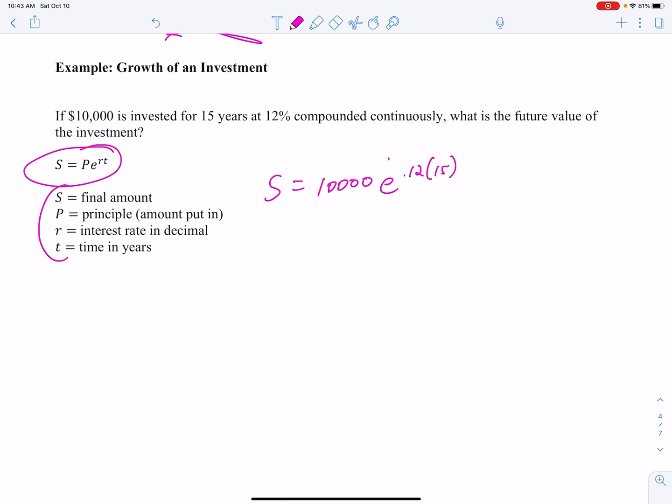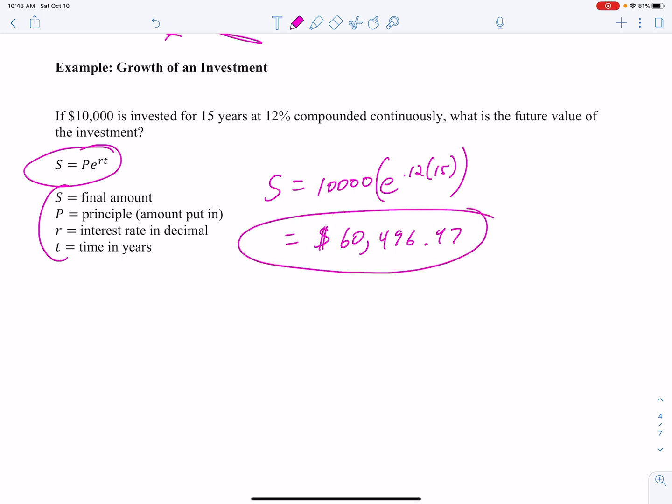So if you punch this into your calculator, now of course make sure you do PEMDAS, so I would do the 0.12 times 15, then take e to that power, then multiply by 10,000, and if I did my calculation correct, you should get $60,496.47. Okay, so try that problem out.